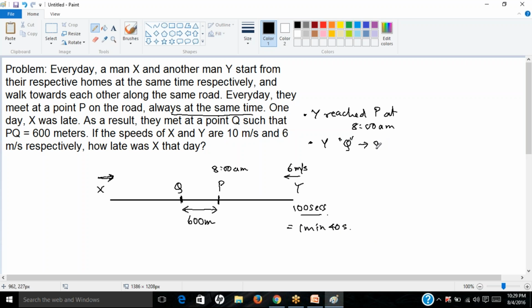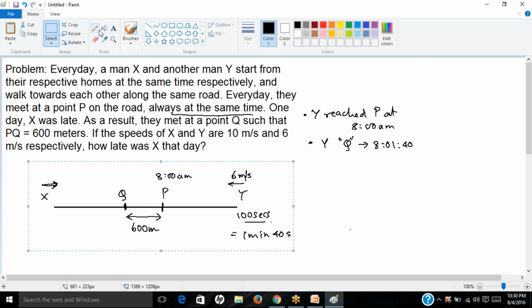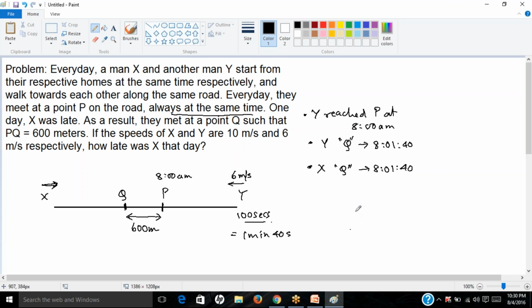So what will be the time there? It will be 8:01:40, right? 1 minute 40 seconds past 8 o'clock. This is when Y reaches Q. Now this is where I say that time is universal. The point that X and Y meet at that point Q implies that X reaches Q also at 8:01:40, isn't it?